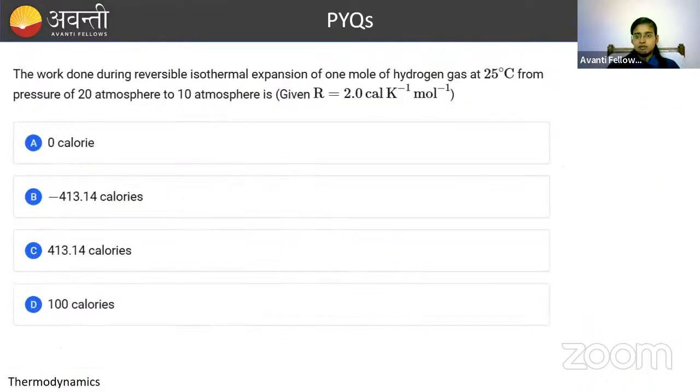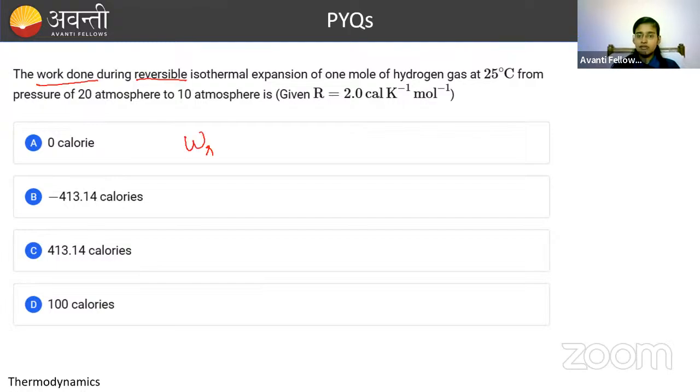Here is a question. The work done during reversible isothermal expansion of 1 mole of hydrogen gas at 25 degrees Celsius from pressure of 20 atmospheres to 10 atmospheres. What we have to do? We have to find out the work done for reversible process.